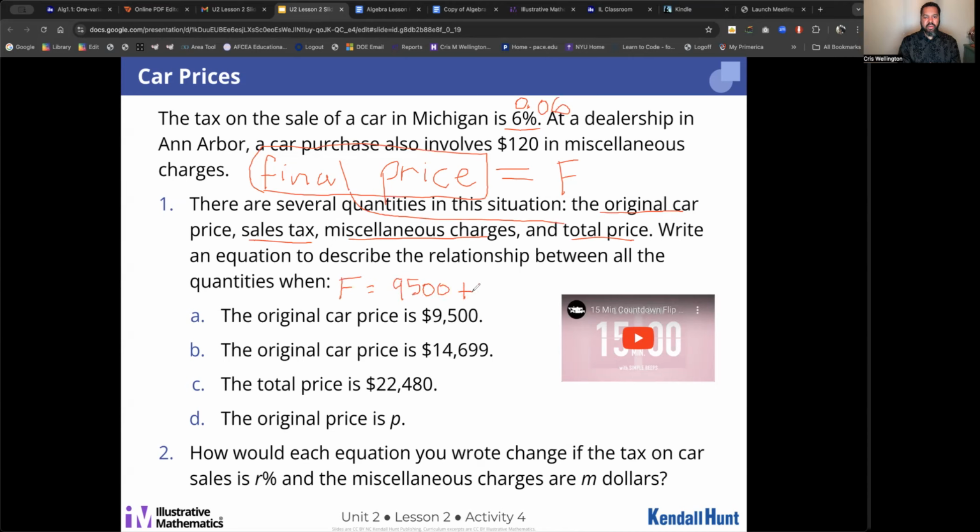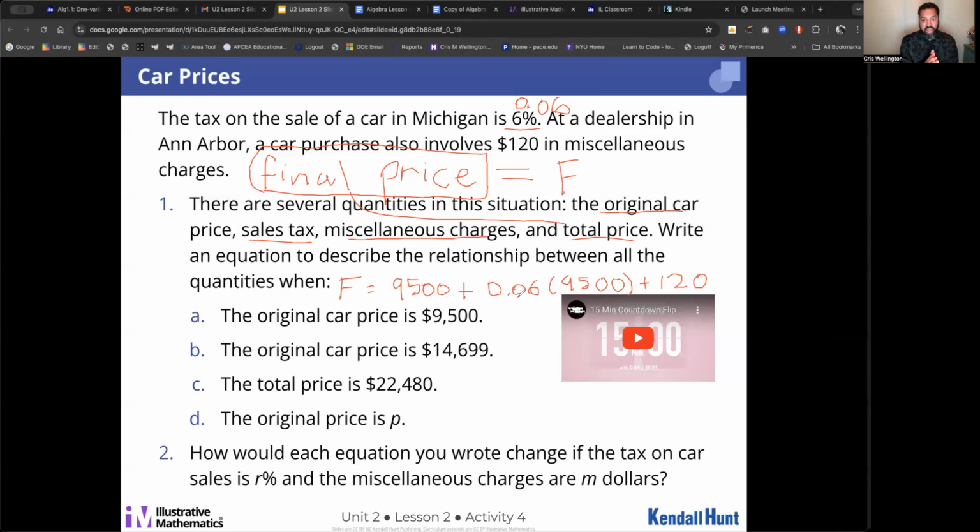And then you're adding, for part A, 0.06 times that 9,500, my multiplication using parentheses, plus the added price, which is $120.